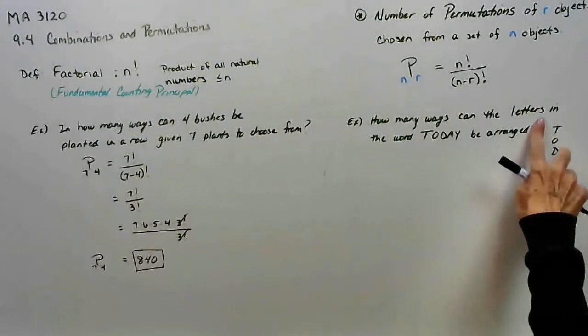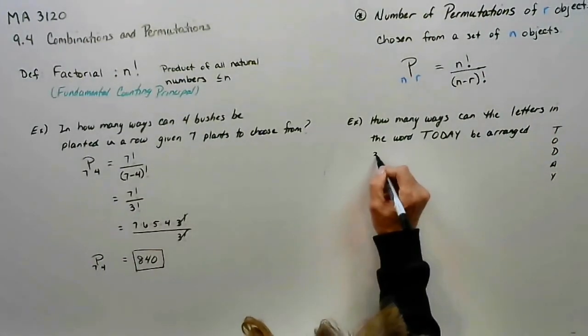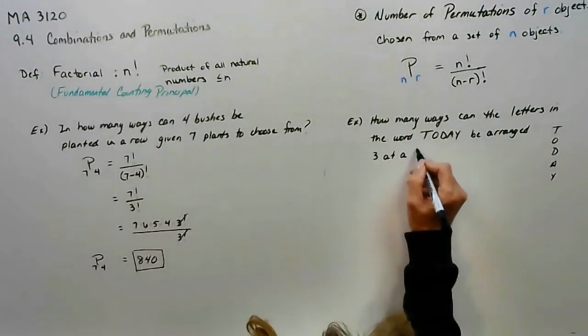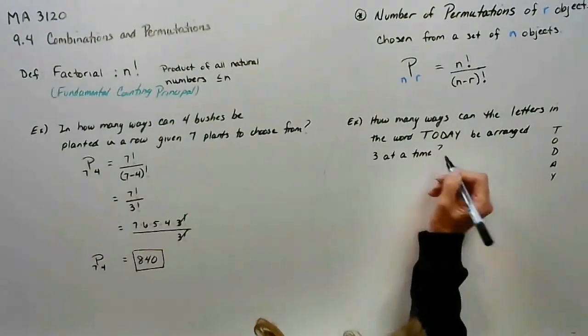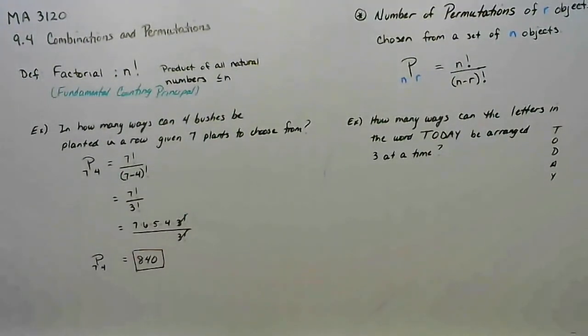I suppose I should have said that: be arranged 3 at a time. So maybe I take T-O-D, or TOA, or TOY. You can imagine this is going to keep going. TDO, TDA, TDY. We're not asking how many words, we're just wanting to arrange the letters.